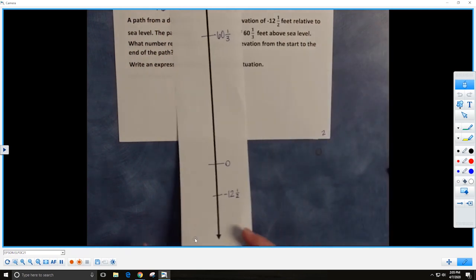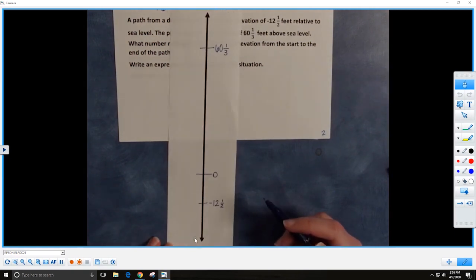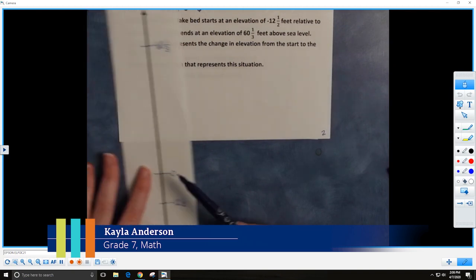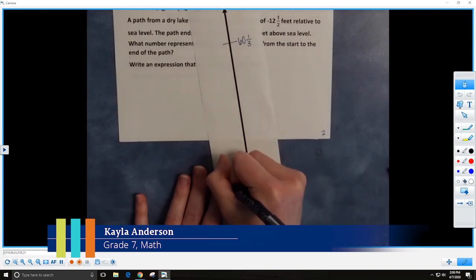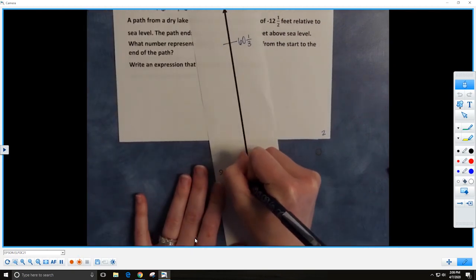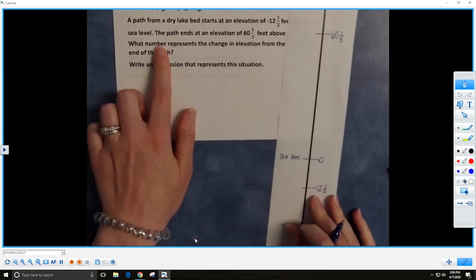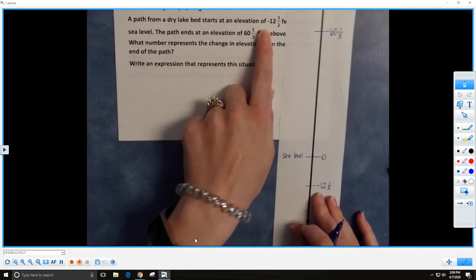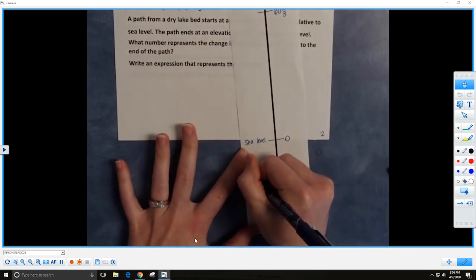Okay, I have drawn a vertical number line. And I have 0, which is going to be sea level. And then we were told from the problem that the path starts at an elevation of negative 12.5 feet. So this is where the path starts.